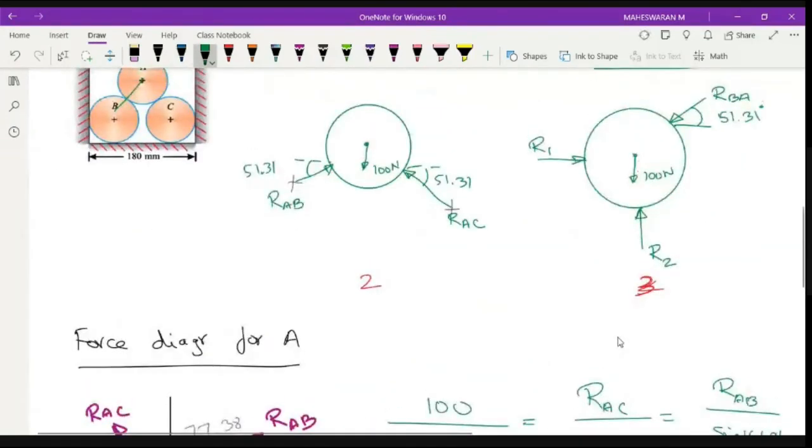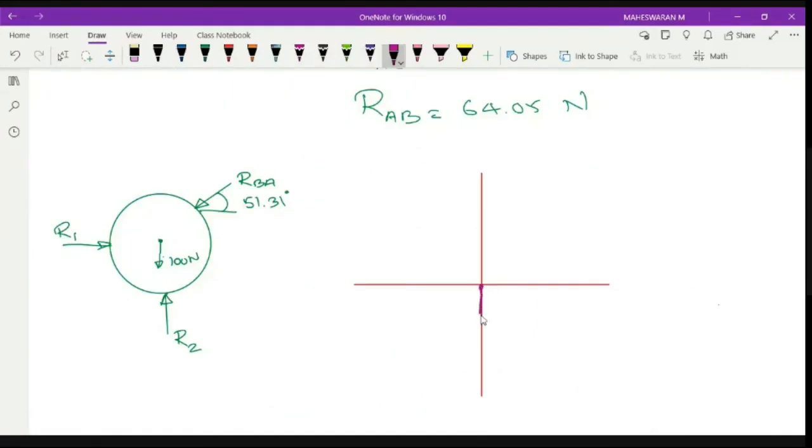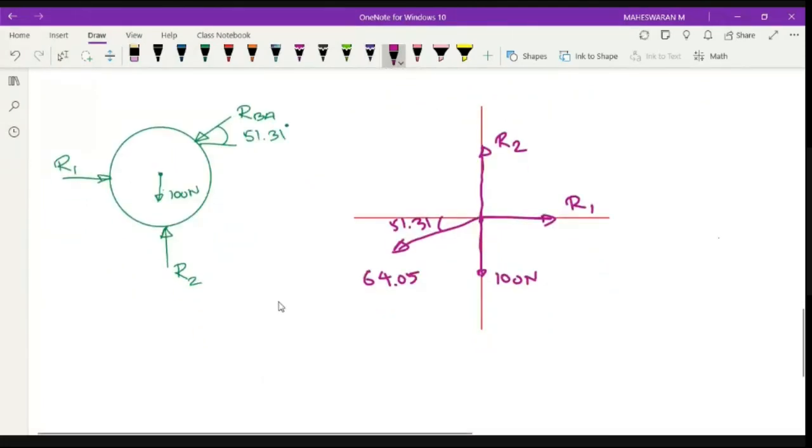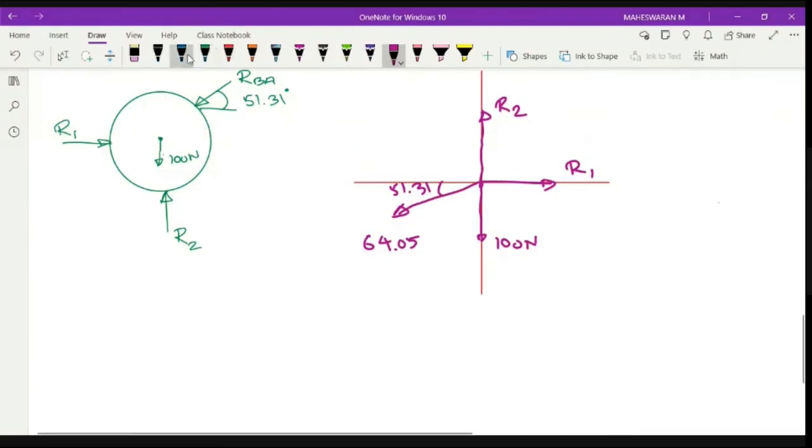Now we will proceed with the next one. 100 Newton, R_BA, which we know is 64.05, the angle is 51.31 degrees, R1 and R2. So this is my force diagram. Now I know it is in equilibrium, which means sigma Fx is equal to 0 and sigma Fy is equal to 0.